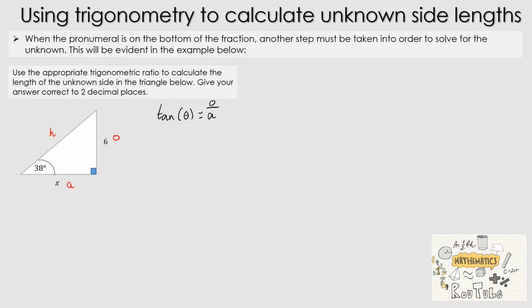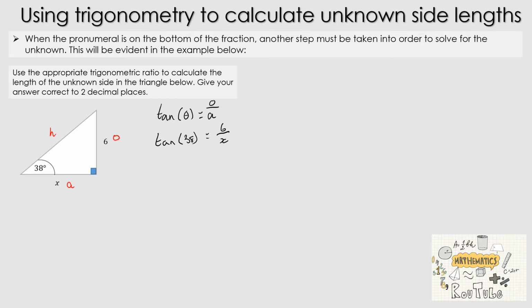Then we proceed to step 4, which is to substitute the values from the question, including the reference angle. Now we've got tan, and we're not going to use theta anymore because we know the angle, it's 38 degrees, is equal to O, which is 6, over x, which is the adjacent side.